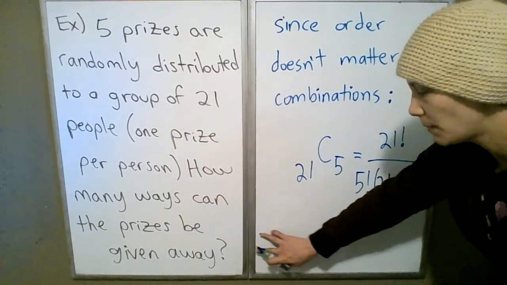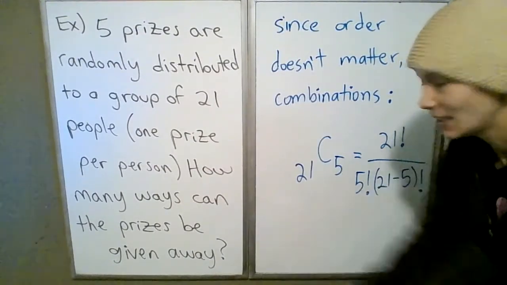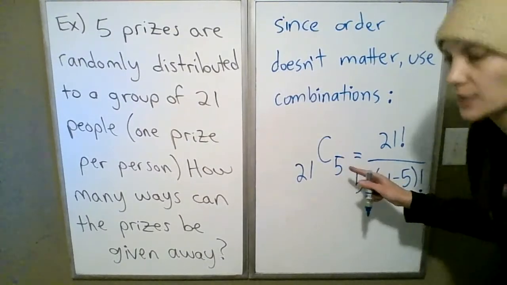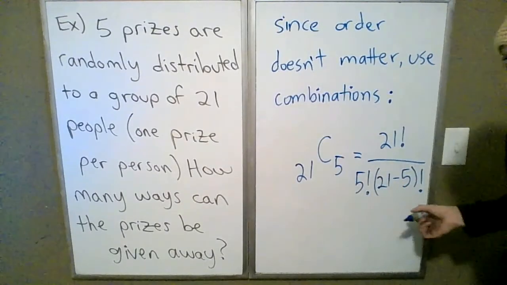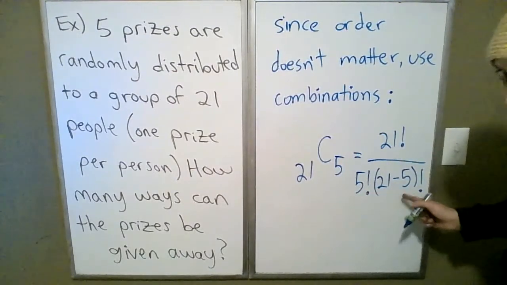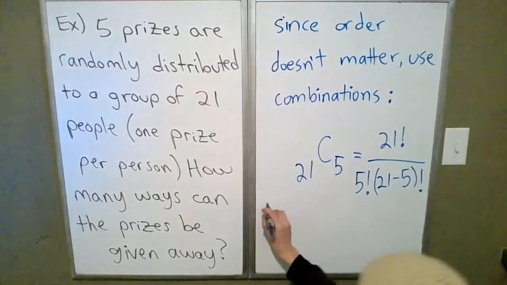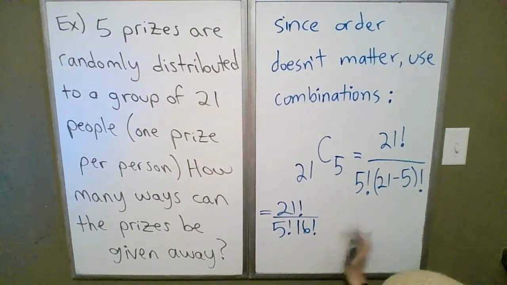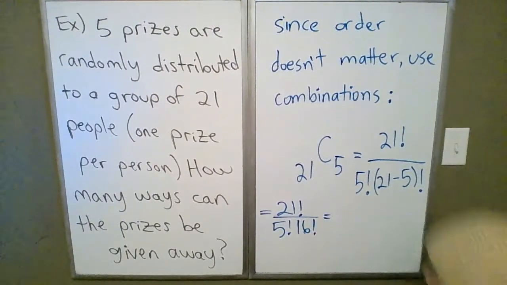I want to mention 2 places where you can find values of permutations and combinations once we work through this one. It's 21 factorial over 5 factorial times 16 factorial, which is 20,349.